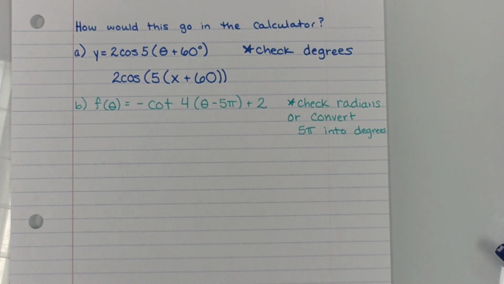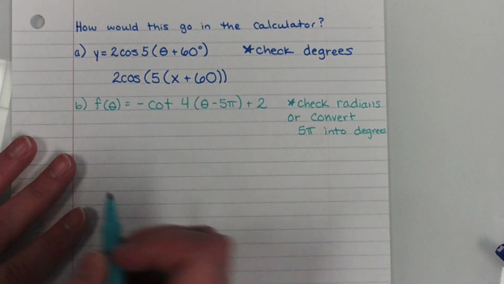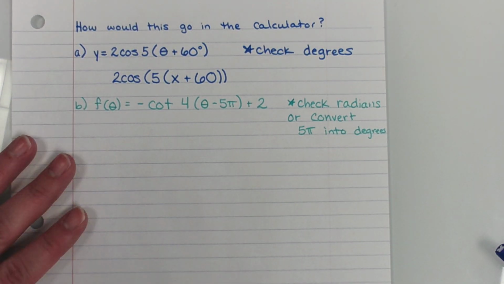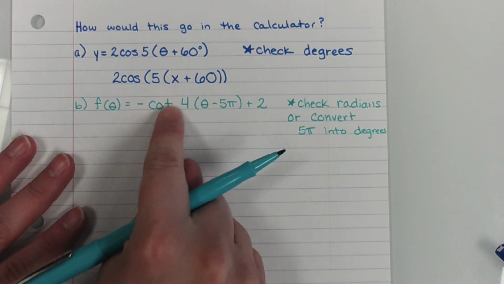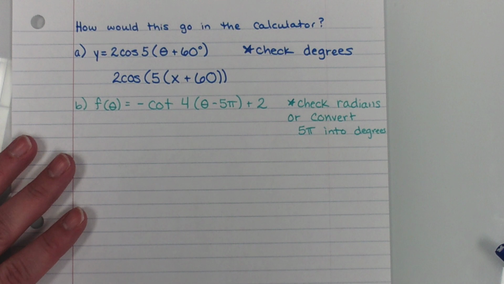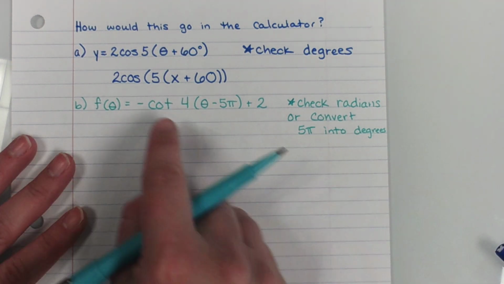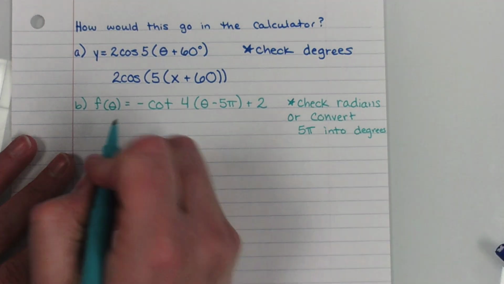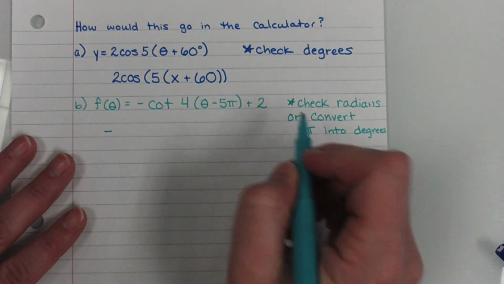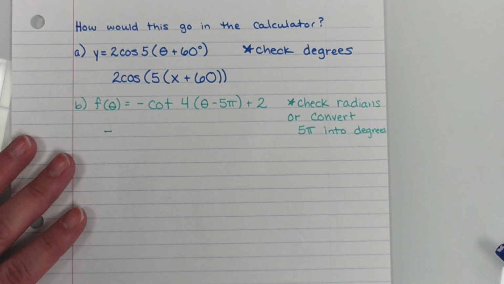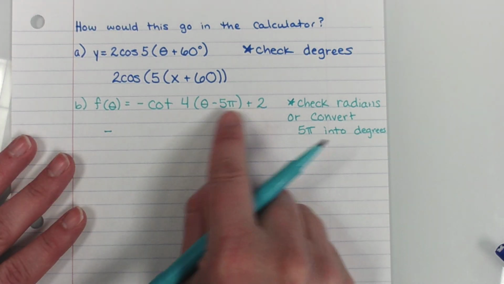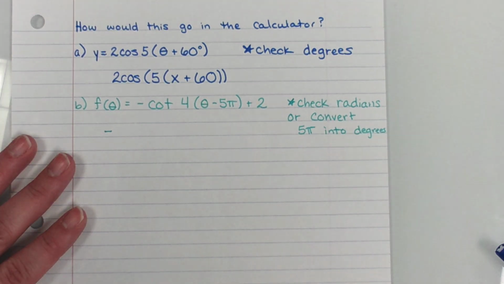Okay? What would change in what I actually type in? Cotangent turns into 1 over tangent. What else? Theta is x and parentheses starting before 4 and ending after. The 2 is not in the cotangent.